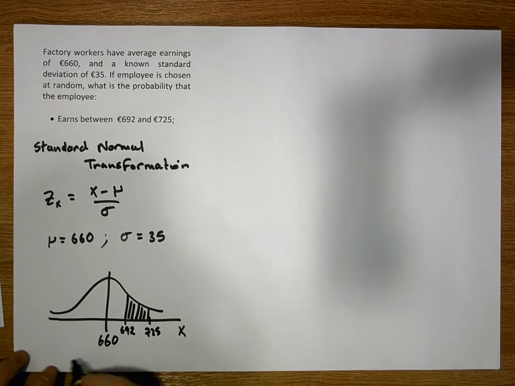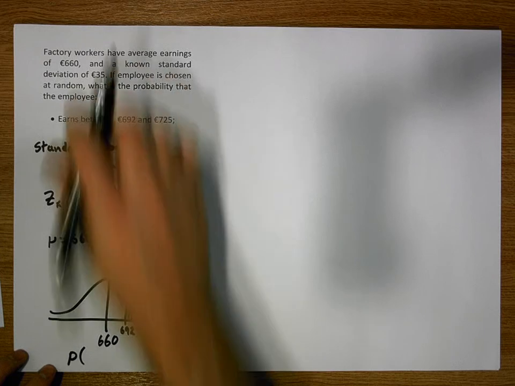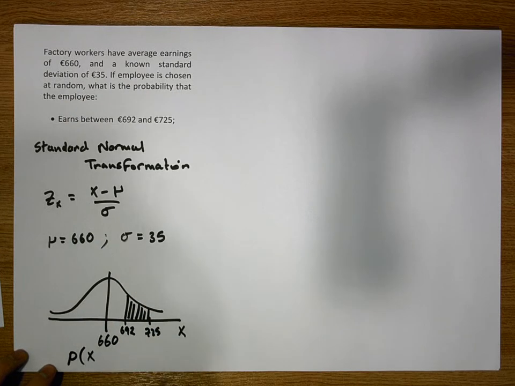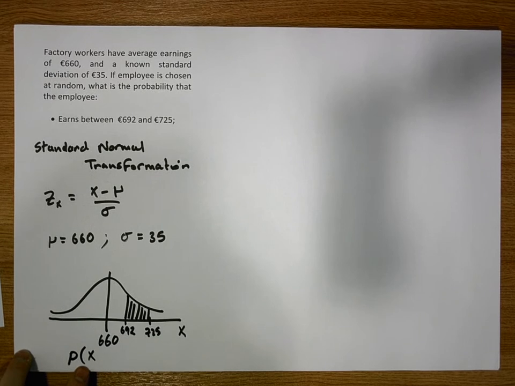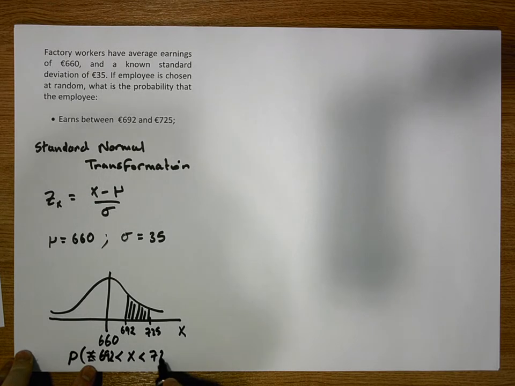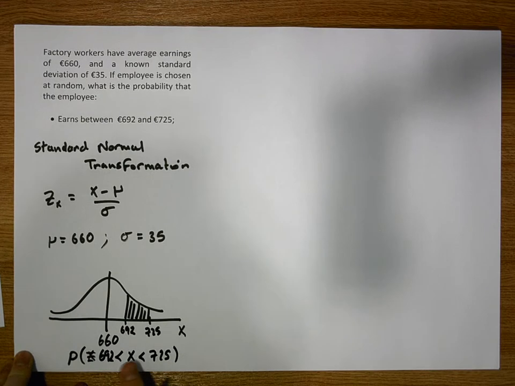Or more importantly, what is the probability that if we randomly select a single worker from this particular population, they earn between 692 and 725? Actually, I'd be better off saying it like this: that the person selected earns more than 692 and less than 725.